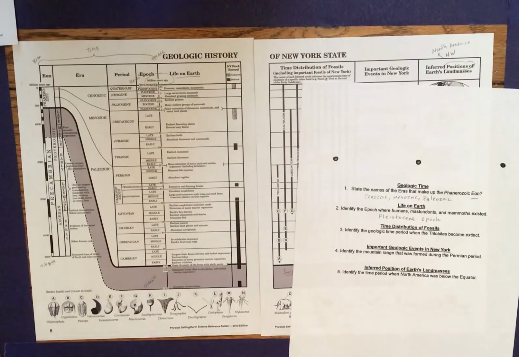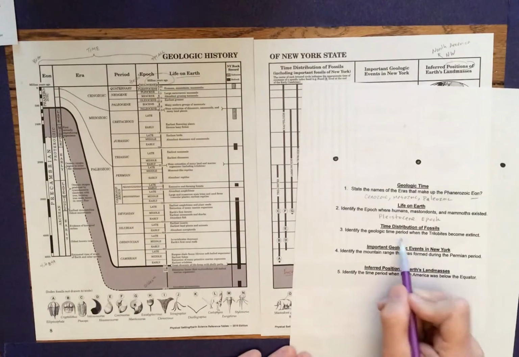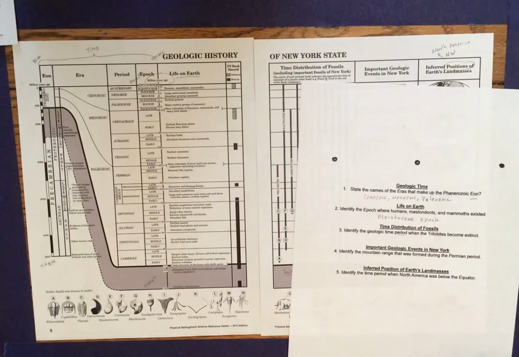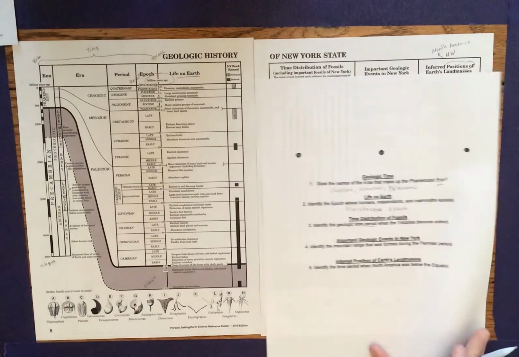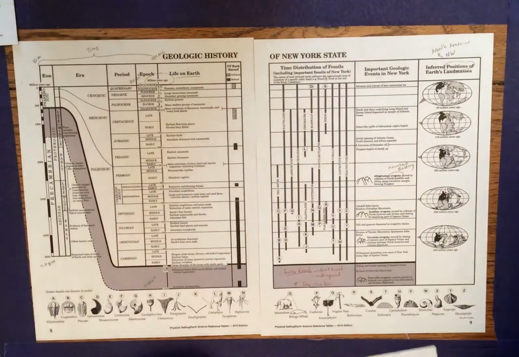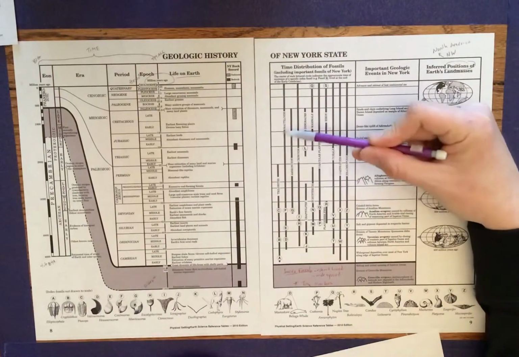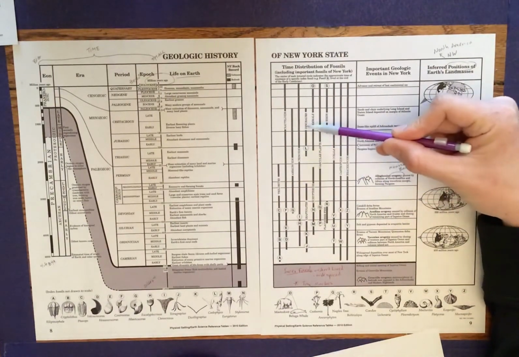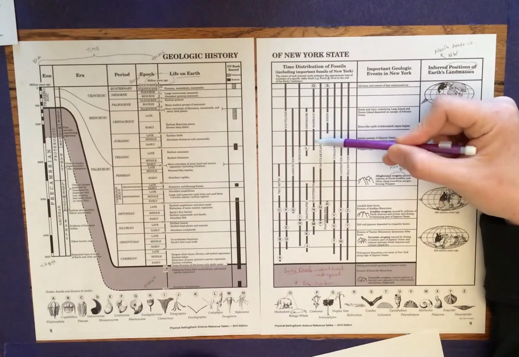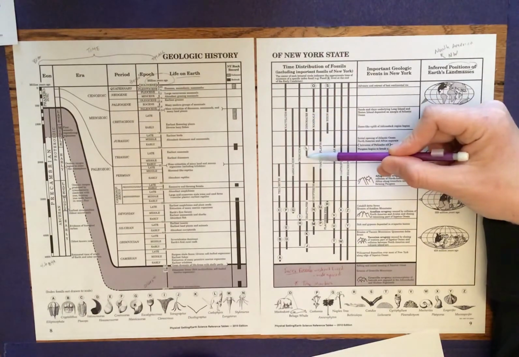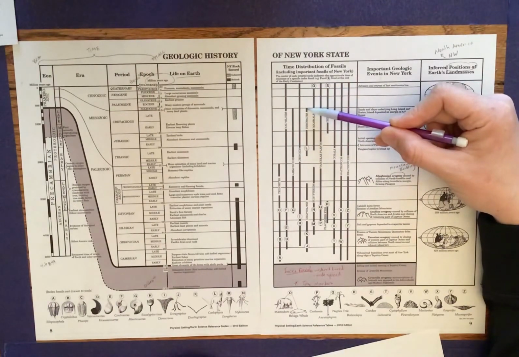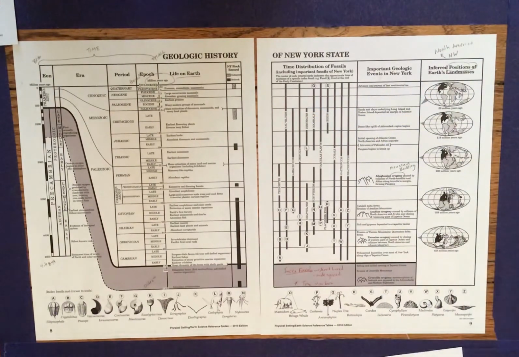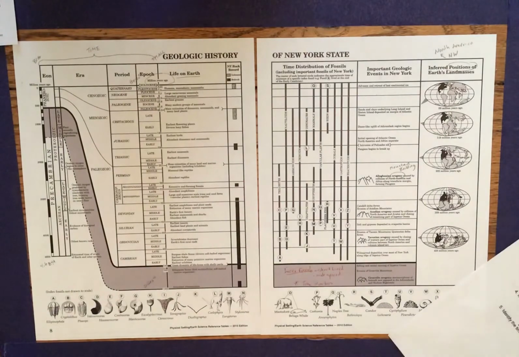All right. Number 3, identify the geologic time period, right? Always know what they're asking you for. Period when the trilobites became extinct. Trilobites are a type of organism, and these bars are all types of organisms, right? There's many different dinosaurs, many different mammals. Where the bar starts tells you when they started, and where the bar ends tells you when they went extinct.